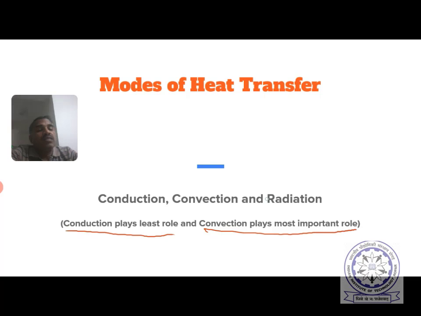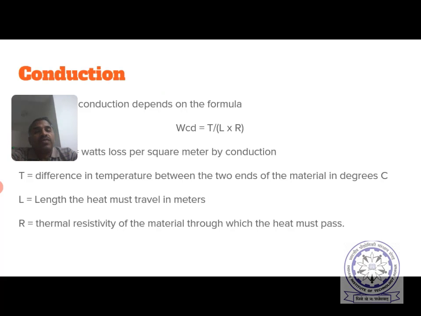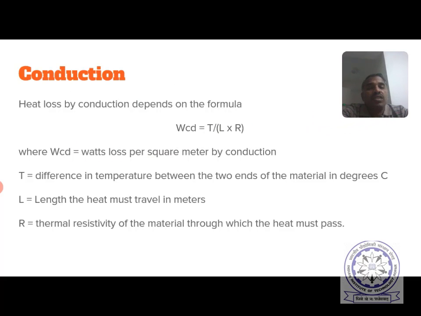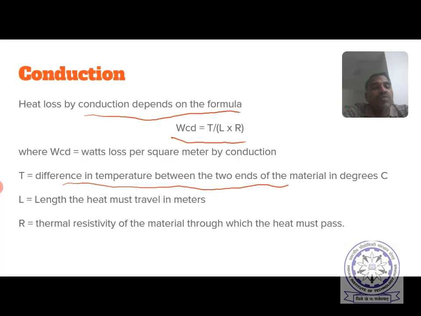Radiation is in between. These are the basic modes of heat transfer in a transformer. Now let us see where conduction comes into the picture. What is conduction? First of all, heat loss by conduction depends on the following formula: W is equal to T, where T is the temperature difference between two ends of the material.